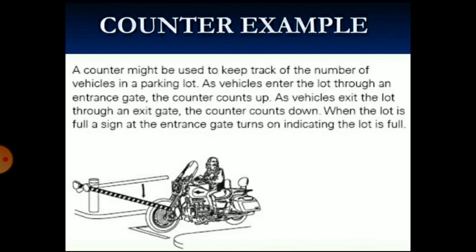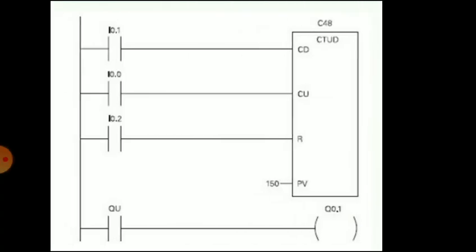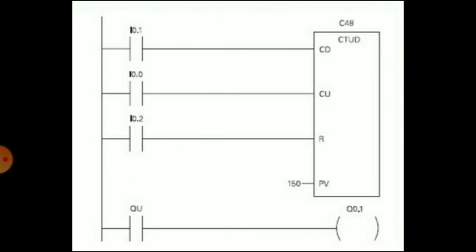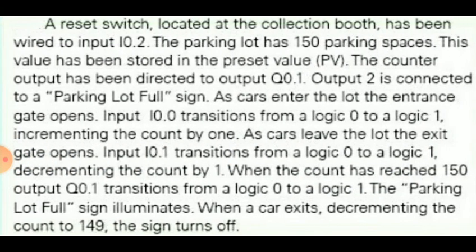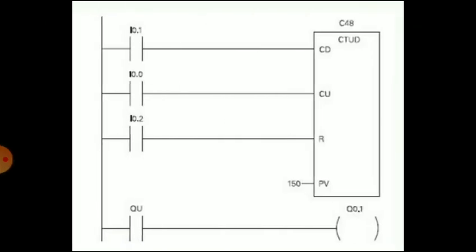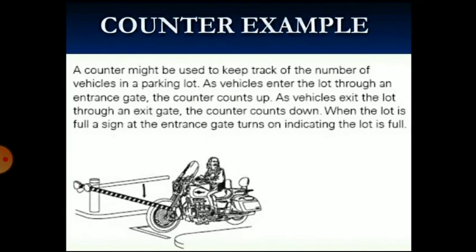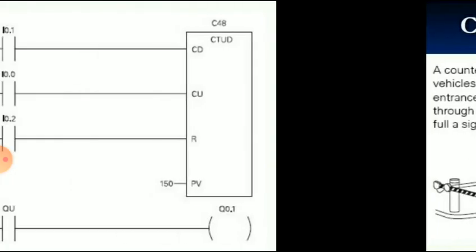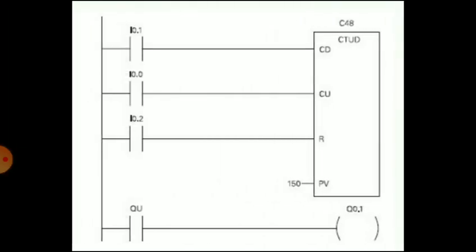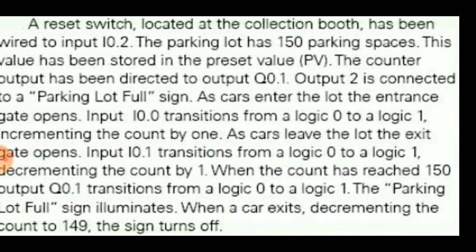When the lot is full, a sign at the entrance gate turns on indicating the lot is full. This is the ladder diagram for the parking lot, and an explanation is given here.